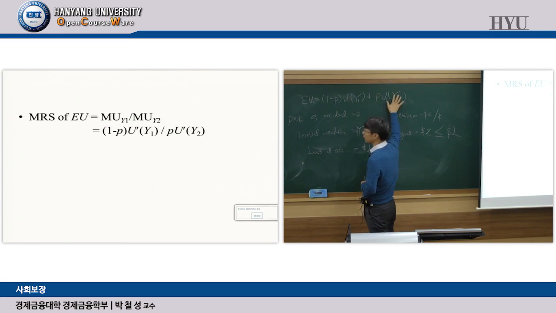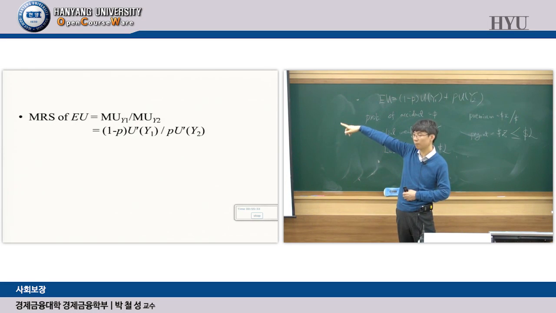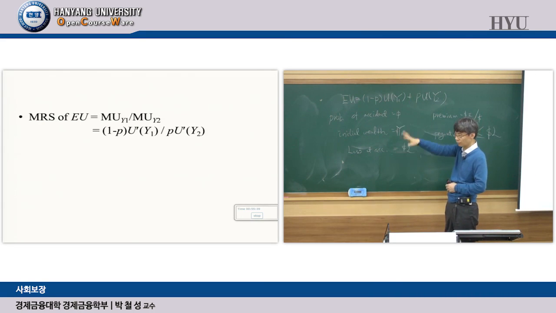The marginal utility of y1 is, if y2 doesn't change and only y1 changes, by how much this expected utility will change. It's simple, because the y2 part doesn't matter. If y1 changes, then you have the marginal utility of y1 times 1 minus p. So that is the denominator: 1 minus p times marginal utility of y1. And what is the numerator?